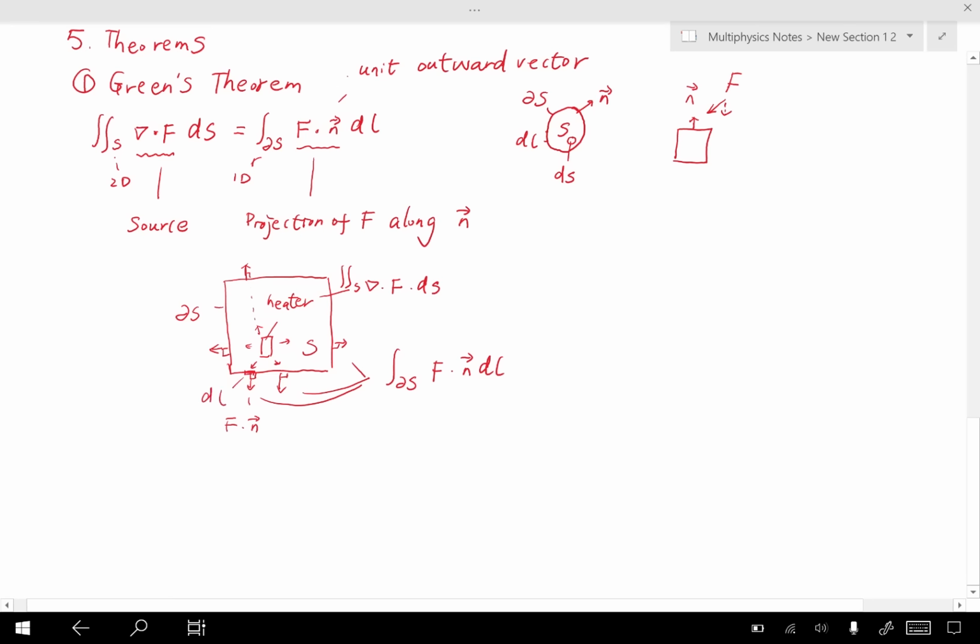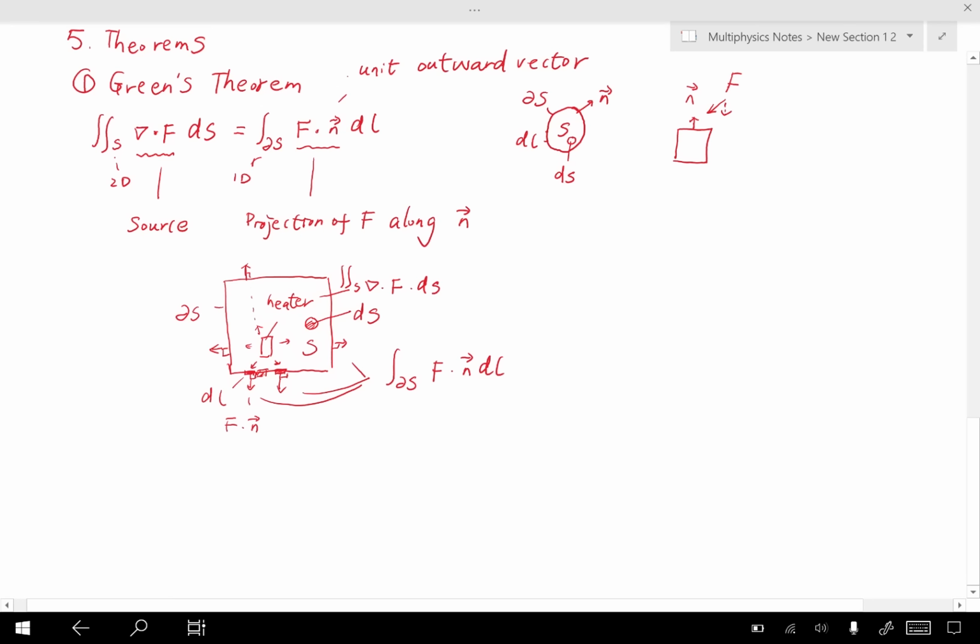So ds is just an element ds. And a dl, again, is just a small element of it. Right? So on the left is a surface integral. For example, in this room, we have an infinite number of heaters at every spot.